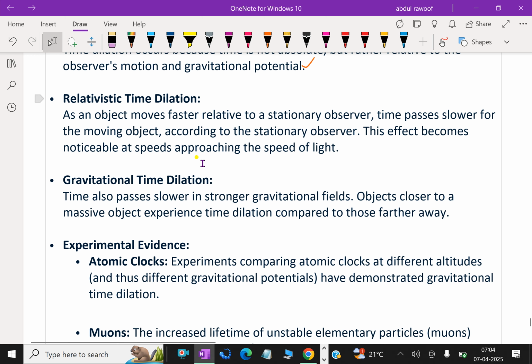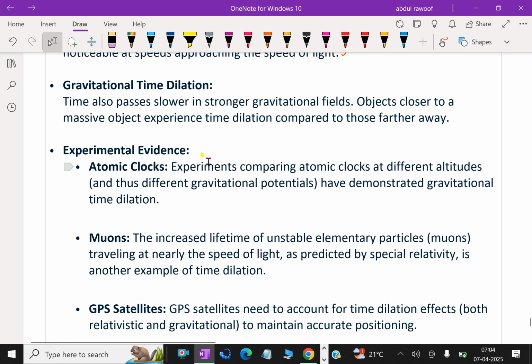Relativistic time dilation. As an object moves faster relative to a stationary observer, time passes slower for the moving object according to the stationary observer. This effect becomes noticeable at speeds approaching the speed of light. Gravitational time dilation. Time also passes slower in stronger gravitational fields.